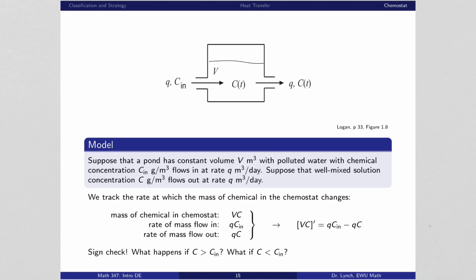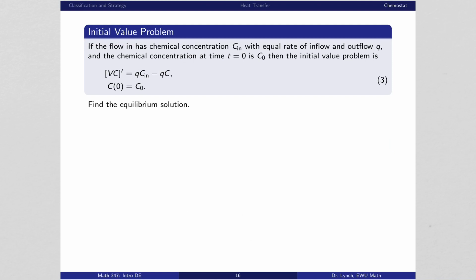Okay, so this ends up being a perfectly good initial value problem that's separable in the case where we assume that the flow rates in and out are the same Q, and there's some initial concentration C naught at time 0.